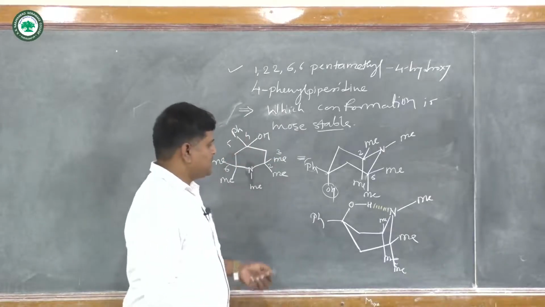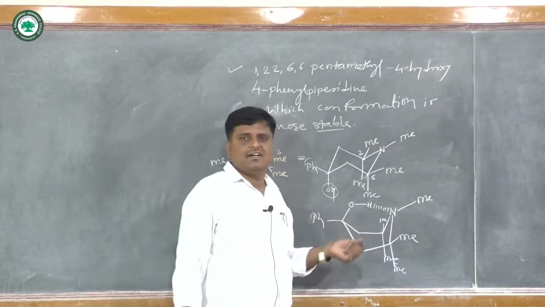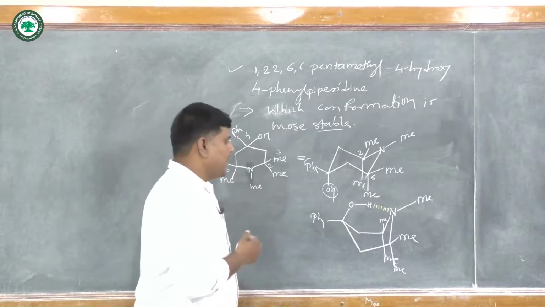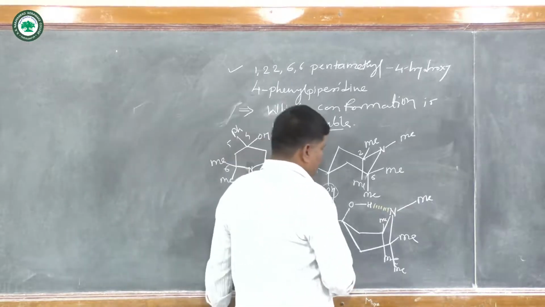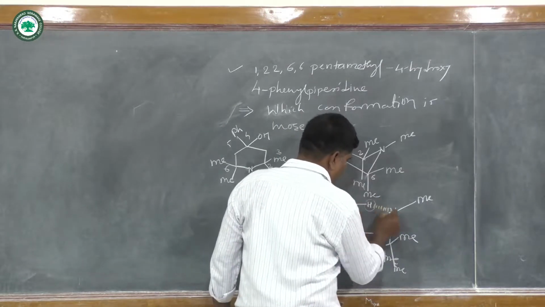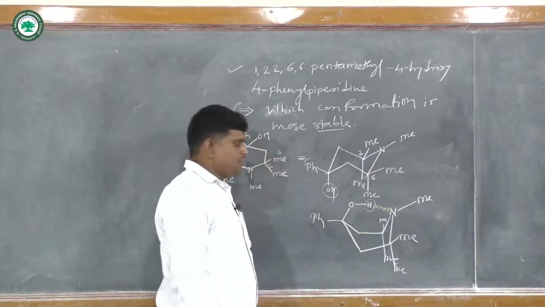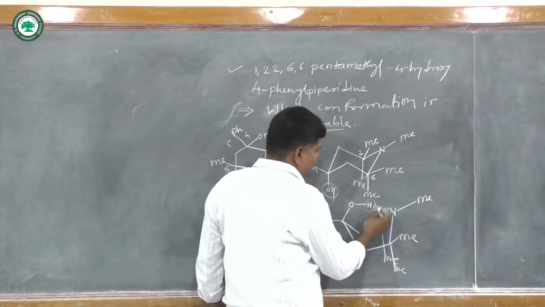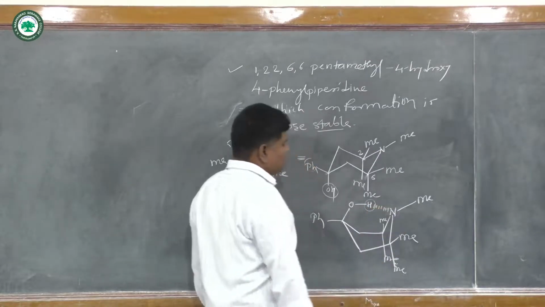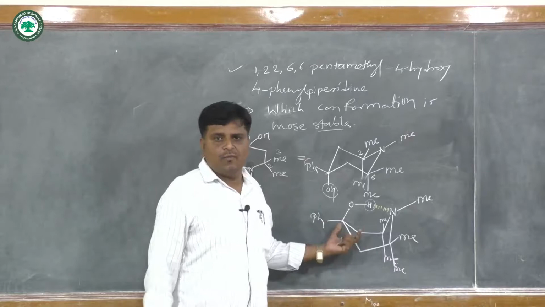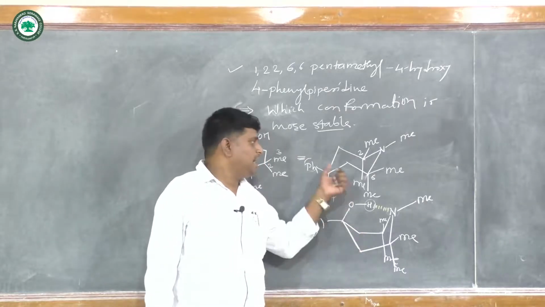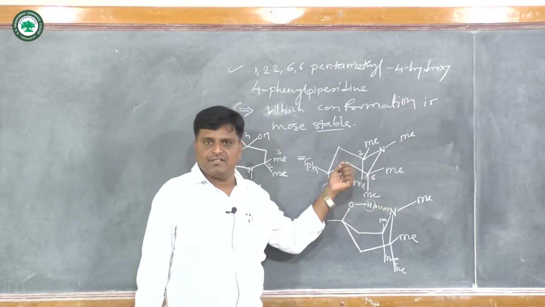Why? Because this conformation contains the formation of a hydrogen bond. Due to the presence of this hydrogen and nitrogen, both are very close to each other, so they will form a hydrogen bond. So this boat conformation gets converted into a conformation more stable than the chair conformation.